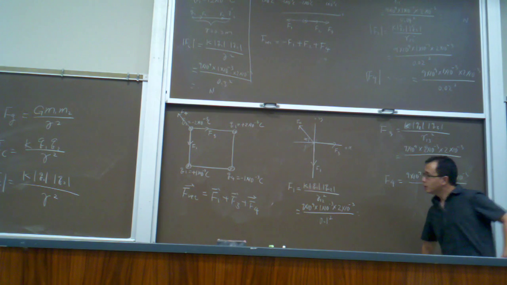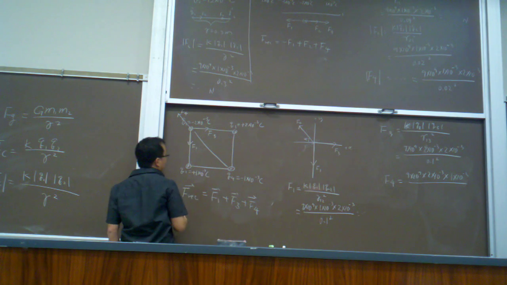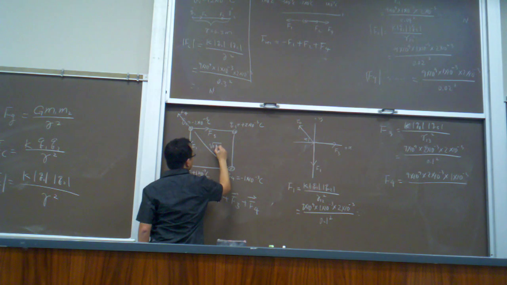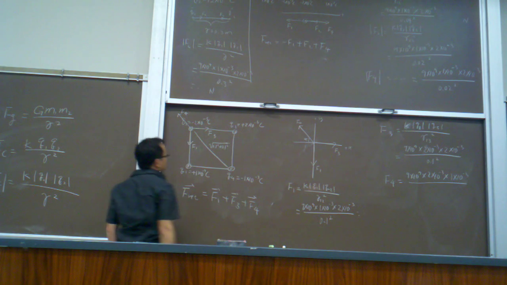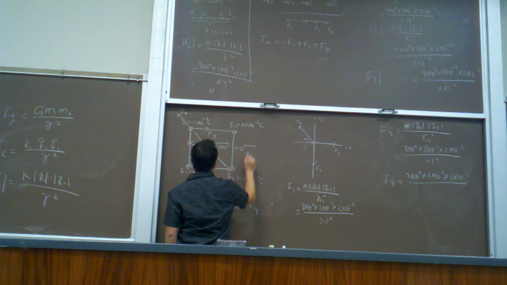It's diagonal. It's the square root of 0.1 squared plus 0.1 squared, which is the square root of 0.02.